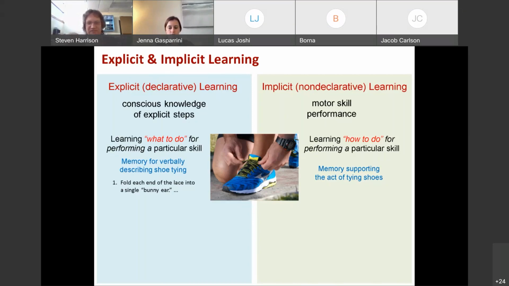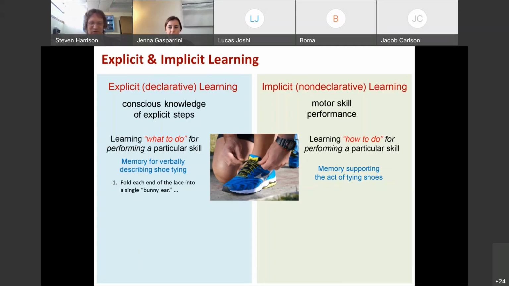So if you were to verbally describe to someone the steps that you would learn, like start off by creating bunny ears with the laces, that would be one step. If you ask someone to tell me what those steps are, and they have knowledge of those steps, they have explicit knowledge.